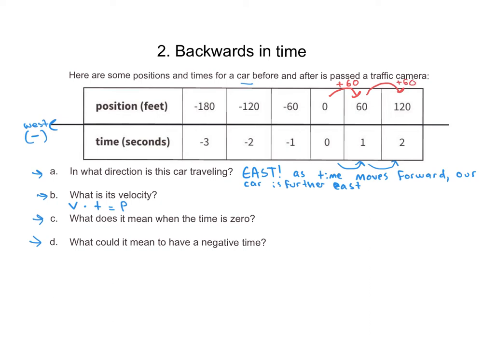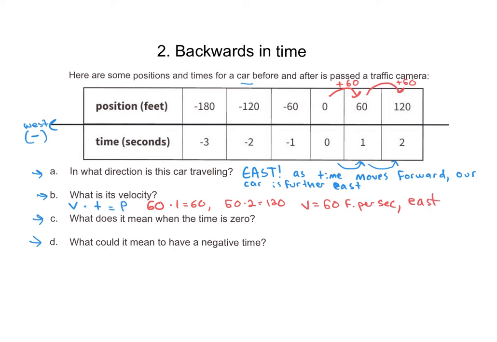So we could say that our velocity is 60, because 60 times 1 equals 60, and 60 times 2 equals 120. So there are those positions. And so not only is the velocity 60, but it is 60 feet per second east.